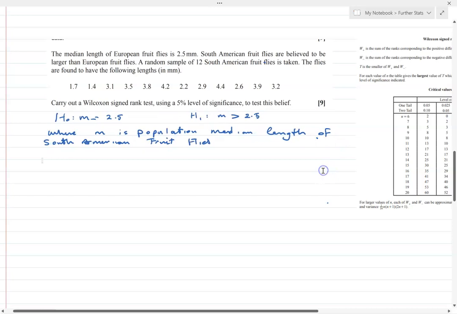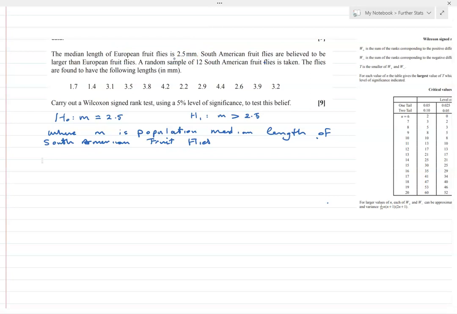We basically need to define our variables, which you can do in words. But M is often used for median, so I quite like to use M to signify median. It's one-tailed, because it's looking for larger. What we're doing is a hypothesis about South American fruit flies, comparing them to European fruit flies, for which we know the median is 2.5.